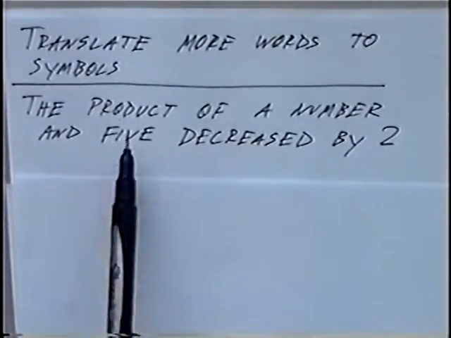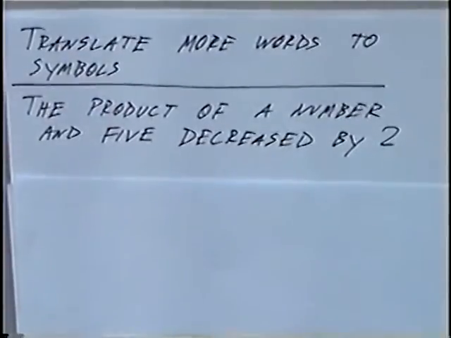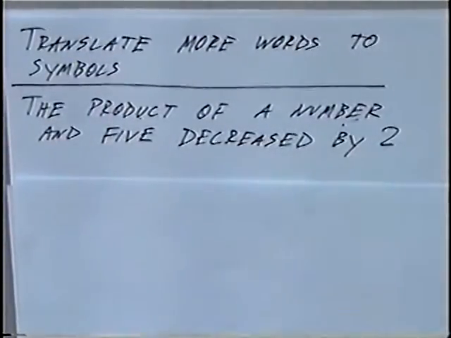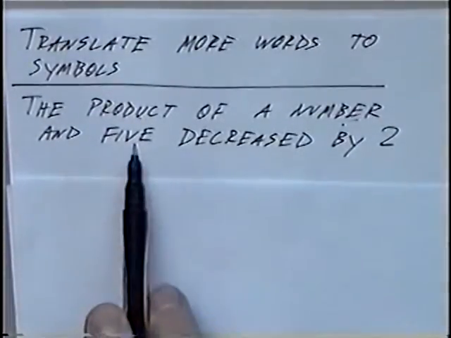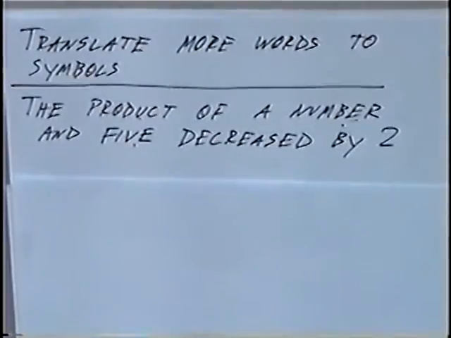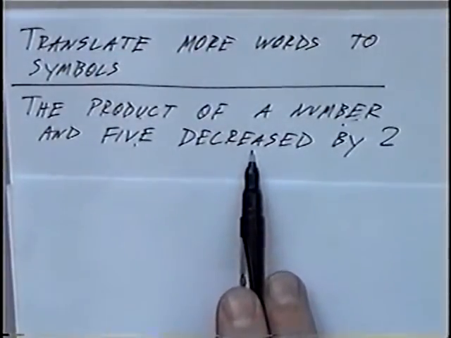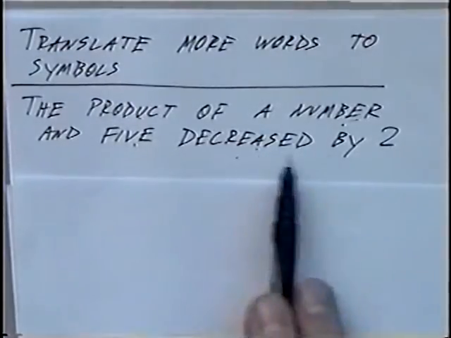Again, the vocabulary word product means to multiply. So we're going to multiply a number, and again, if we do not know that number, we can use the variable x. So we'll multiply x by 5, and the vocabulary word decreased means to make smaller, or in math we can subtract by 2.